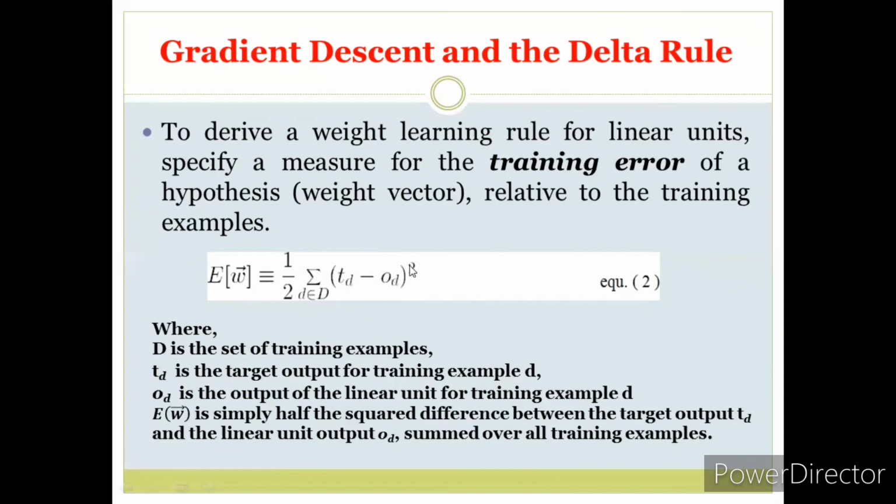So that's the difference we are having, and this is how we compute the training error in order to use it in the gradient descent rule, where D is the set of training examples, t_d is the target output for training example d, and o_d is the output of the linear unit for training example d. And E(w) is simply half the squared difference between the target output t_d and the linear output o_d, summed over all the training examples.